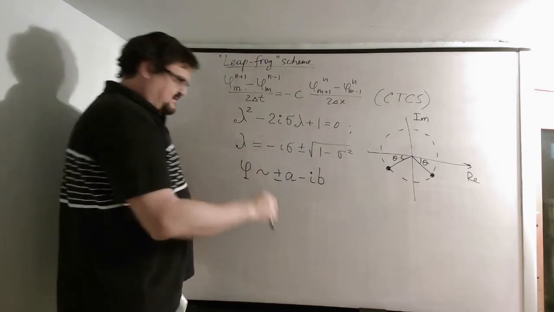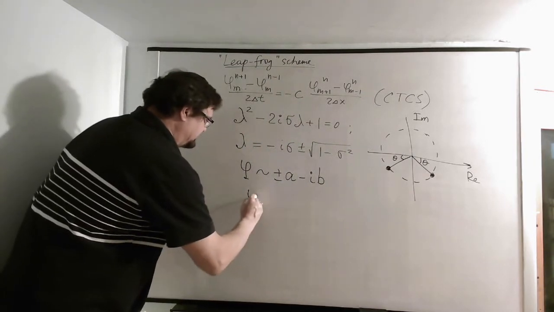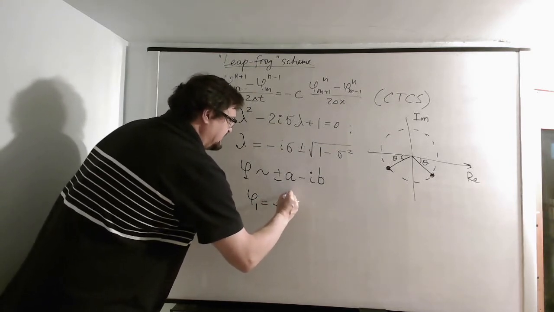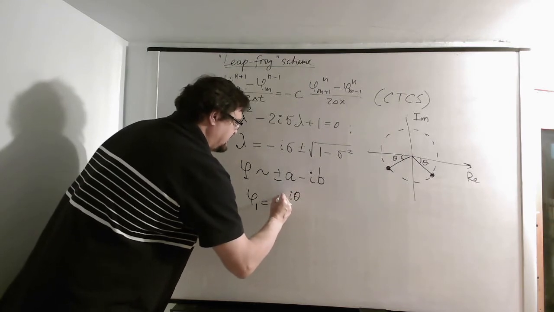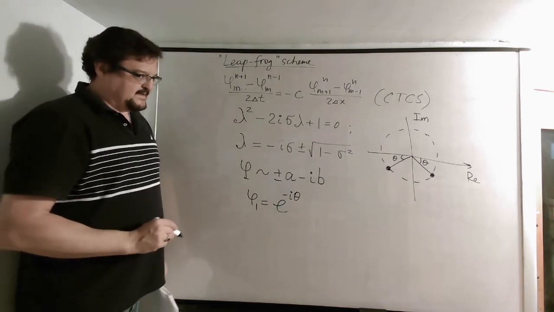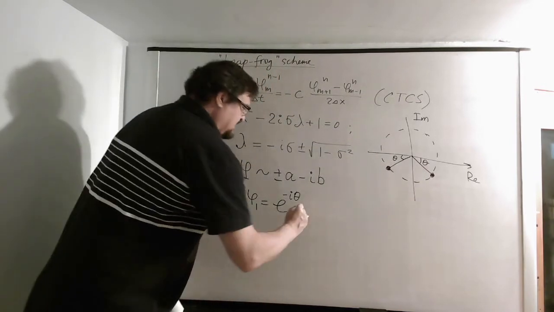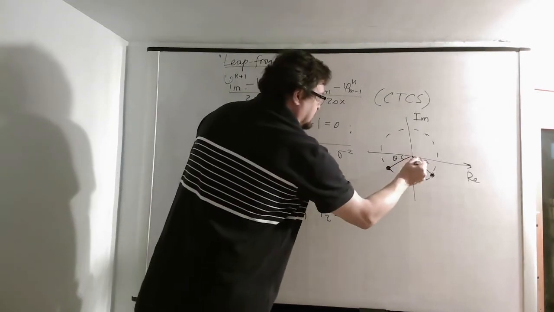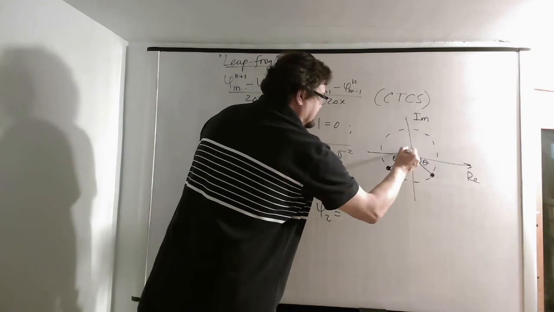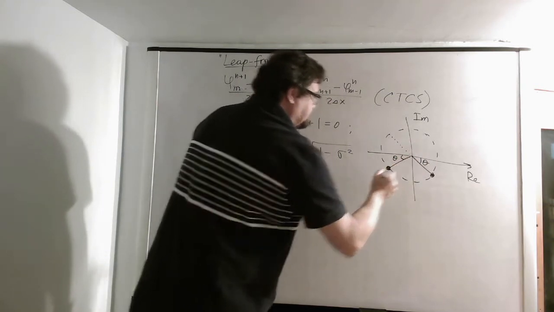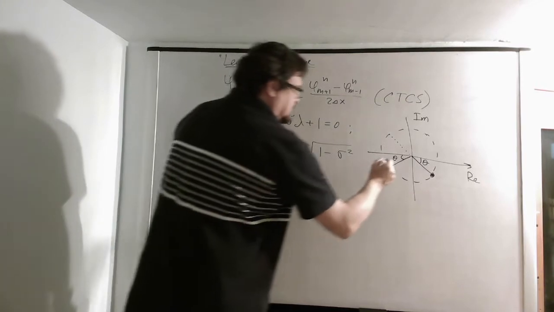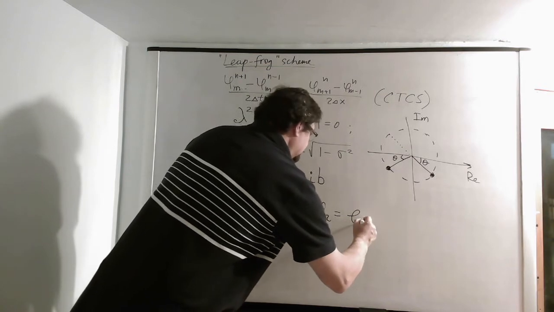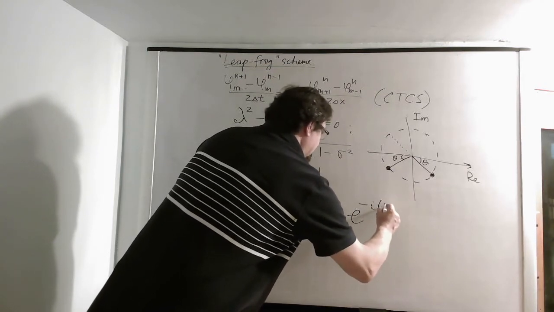Now, let's call them: the first solution is e to the power of i theta, or minus i theta. That's this solution. And another one is this solution. So it's going to be e to the power of minus i pi plus theta.